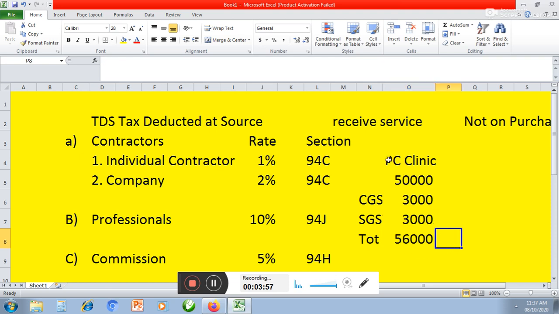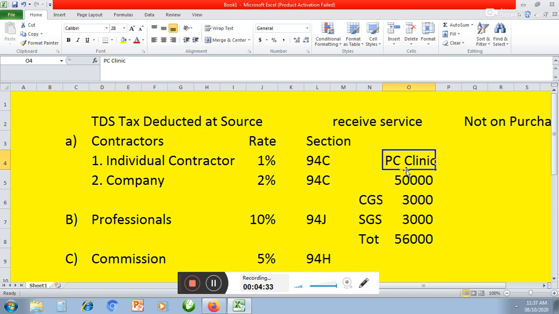Now my job as an accountant, since we have received the service from PC Clinic, is to deduct the TDS from this bill. How much amount do I have to pay to PC Clinic? 56,000. But I will deduct some amount from this 56,000. That is called TDS.